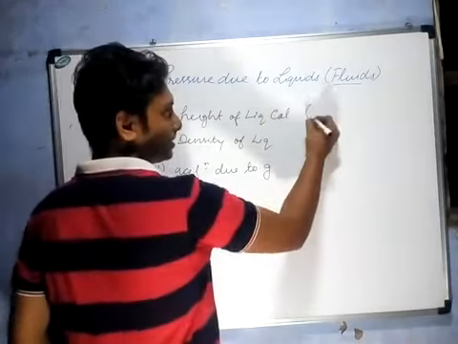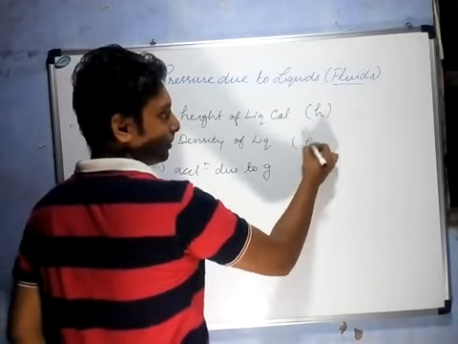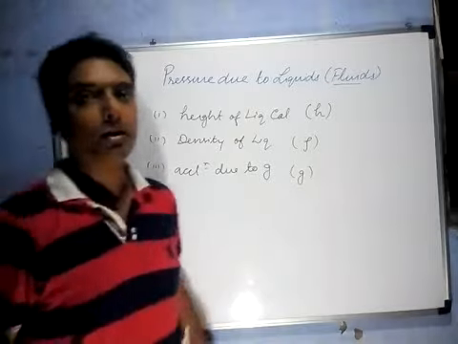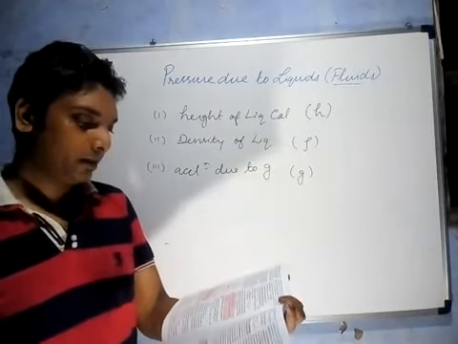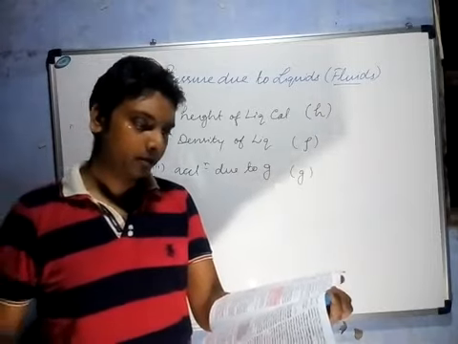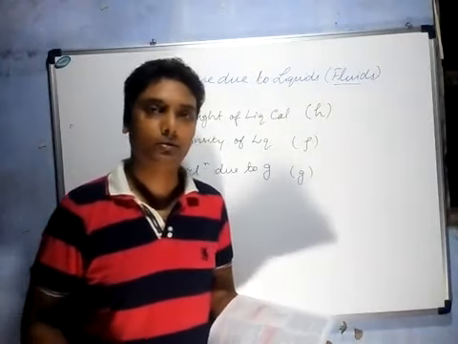So that means H, rho and G. These are the three things on which pressure depends. So laws of fluid pressure and consequences we will see later on. Okay. Thank you.